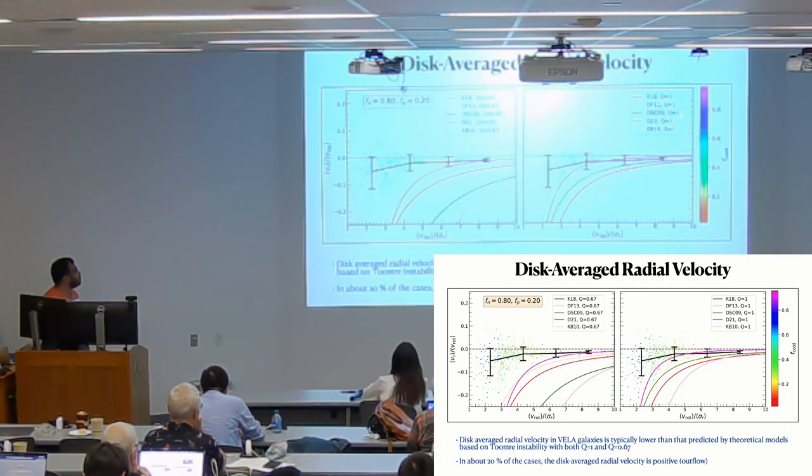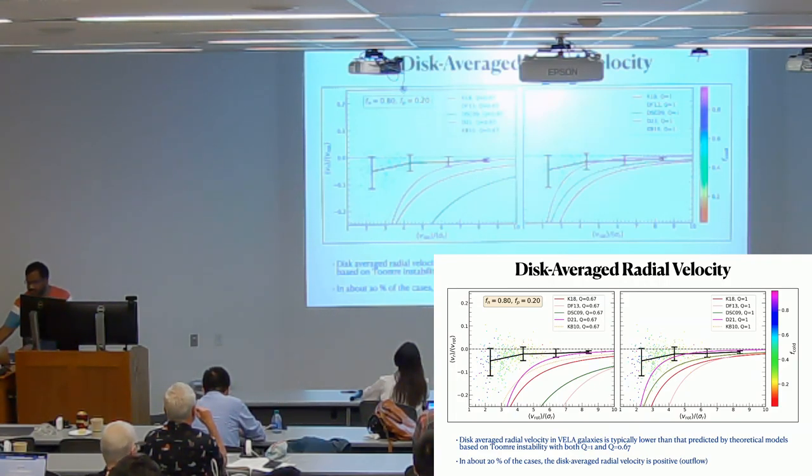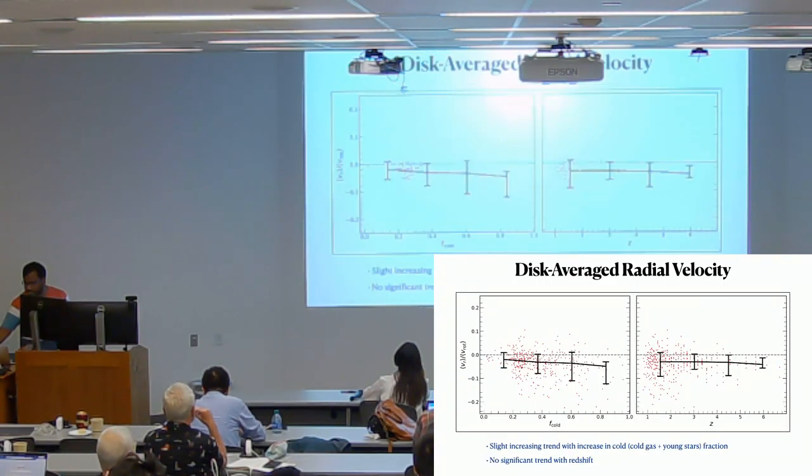Even for q equal to 1, it is only this model, the torques driven by spiral arms, the Dekel 2021 model, that agrees somewhat; the other ones not so much. I also want to highlight that in some cases, we do find positive disk average radial velocities. That happens in about 20% of the cases, which is not predicted by the models. The models always give inflows and not outflows.